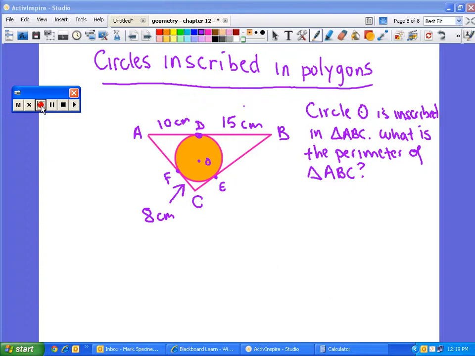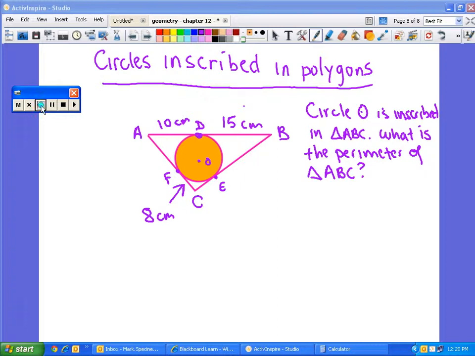Alright, so of course in order to be able to do this, number one, you have to know what inscribed means. Inscribed means enclosed within. So circle O is inscribed in triangle ABC. Okay, the other thing that you need to know is the theorem that says if you have two tangent segments that share a common endpoint, then those two segments are congruent.